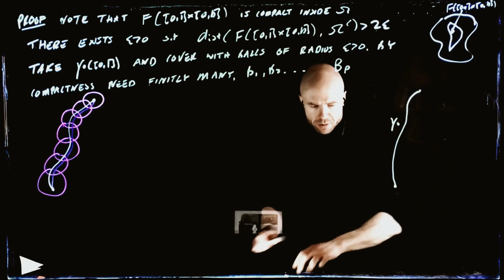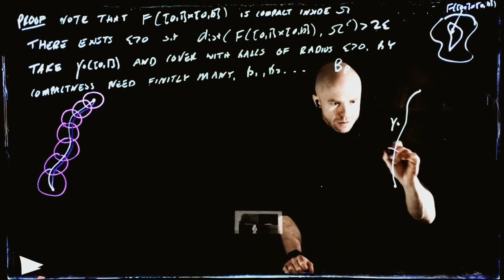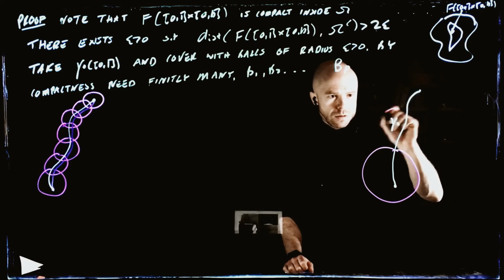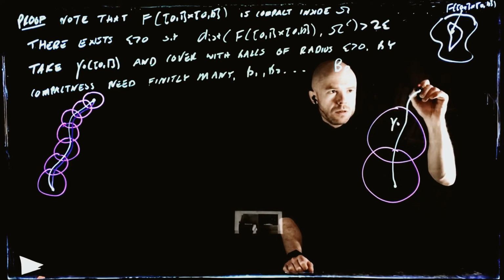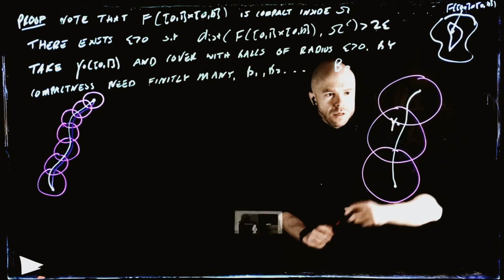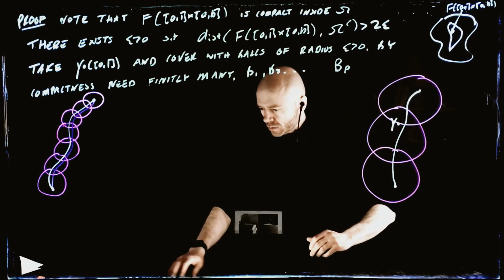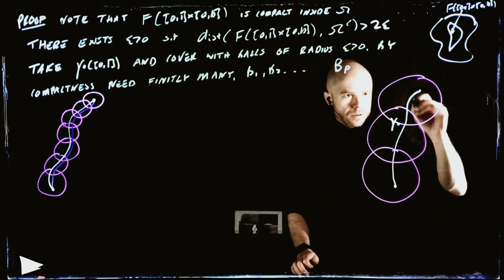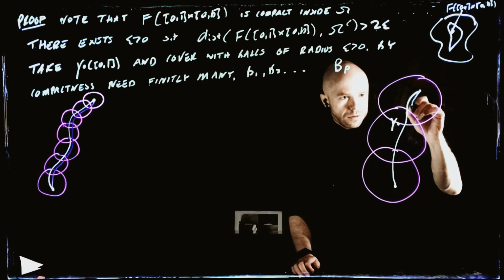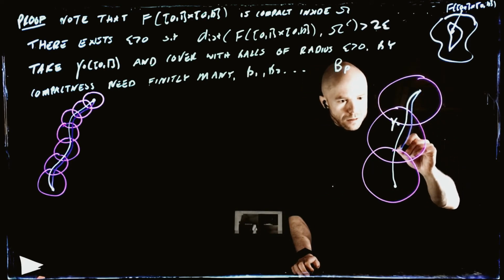And we're covering it with now just 3 balls. Okay. And we find another path, gamma s, which is very close by.